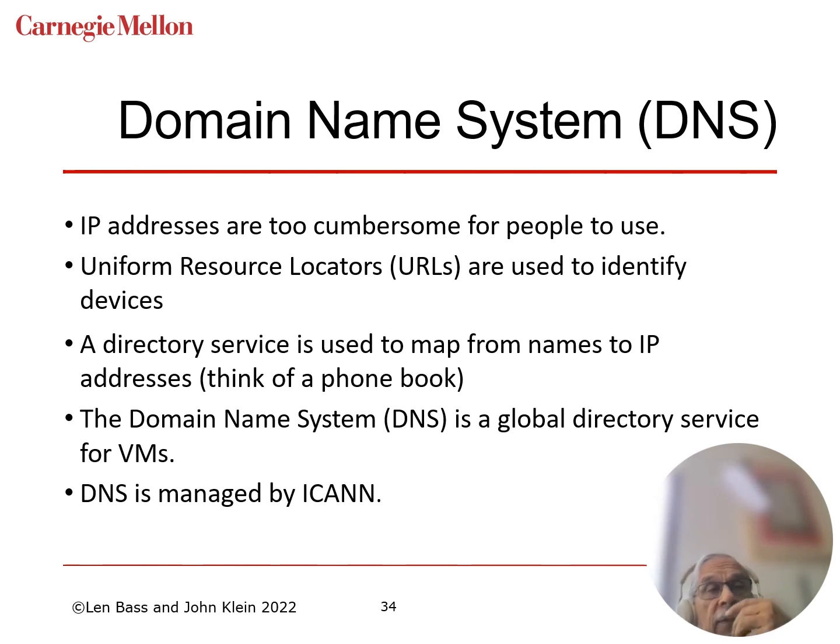You can think of a phone book as having names and phone numbers. And this is managed by the domain name system, DNS. And that's a global directory service for virtual machines. And it's managed by ICANN. Remember, ICANN manages names and numbers.